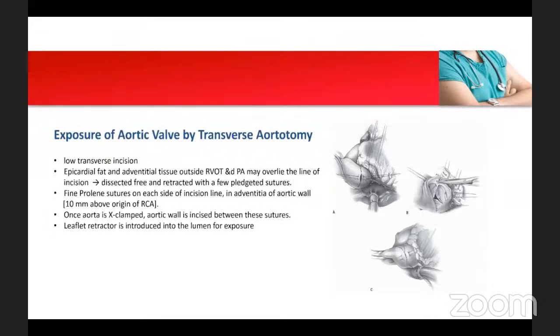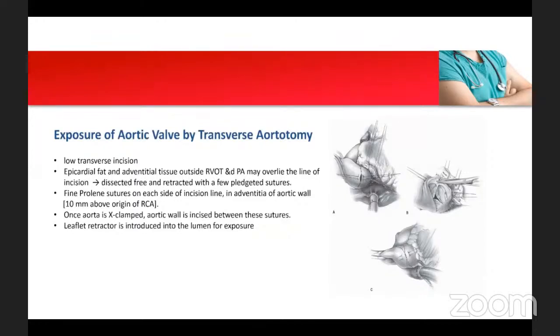Moving to exposure of the aortic valve, we have two main techniques: transverse aortotomy and oblique aortotomy. Starting with the transverse aortotomy, via a low transverse incision, which is the most commonly used, at 10 to 15 millimeters from the origin of the RCA.